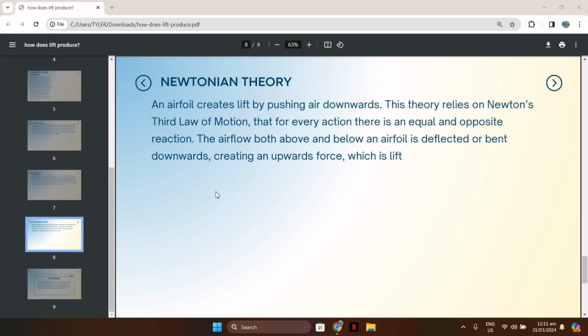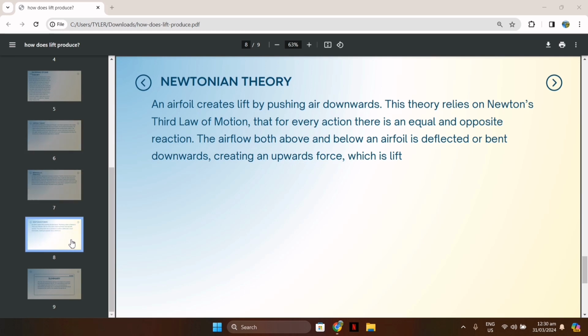The Newtonian theory of lift explains that an airfoil generates lift by deflecting air downwards, resulting in an equal and opposite reaction force that pushes the airfoil upwards. This theory emphasizes the role of momentum exchange between the airfoil and the surrounding air in lift generation.